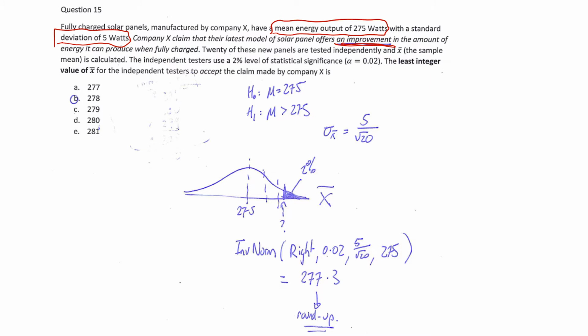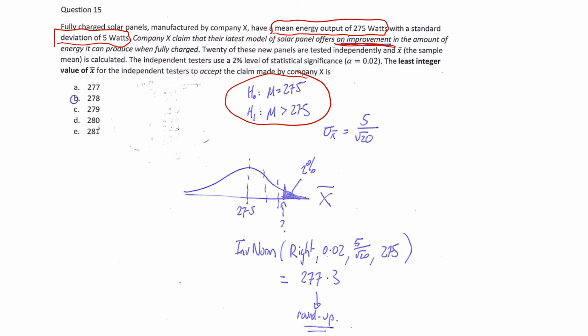Now, this claim is going to be tested. So what we're going to be doing is essentially working with these hypotheses. We're going to start with the conservative claim that, in fact, these new solar panels are no different from their old ones. So the mean still is 275.